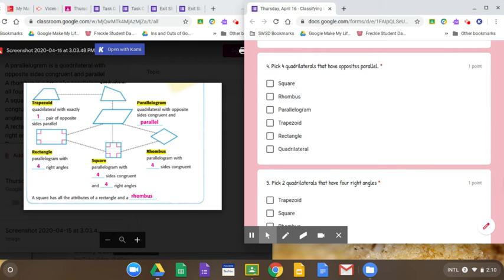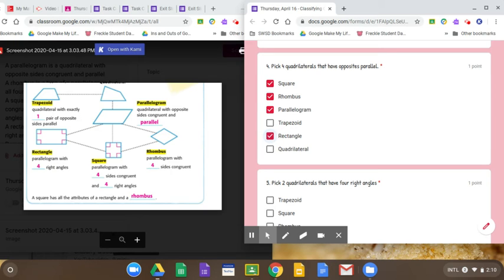Number four says pick four quadrilaterals that have opposites parallel. So that means opposite sides are parallel. That would definitely be the parallelogram. That would be a rhombus. That would be a square. And that would be a rectangle.